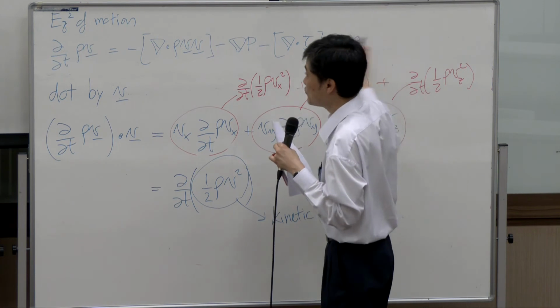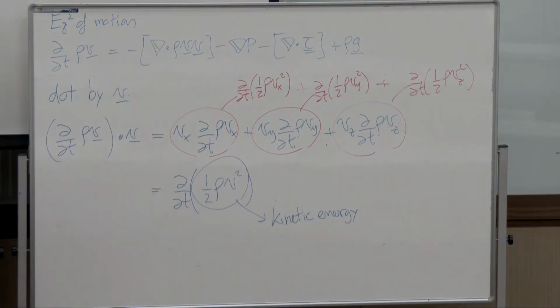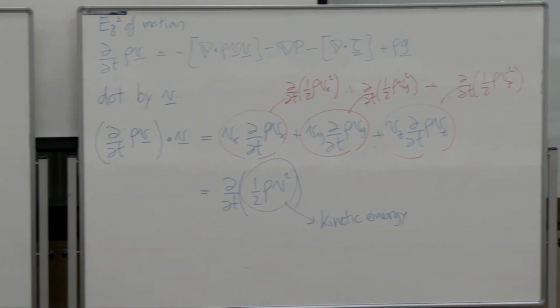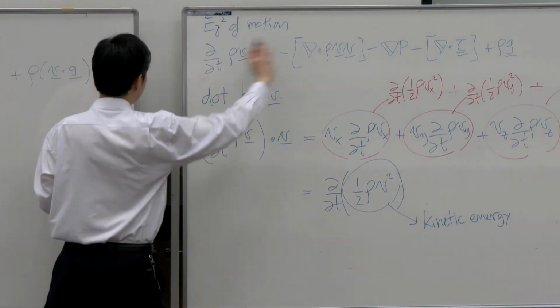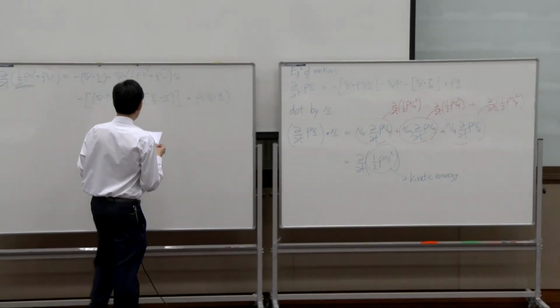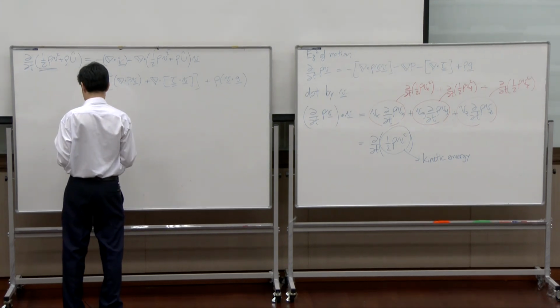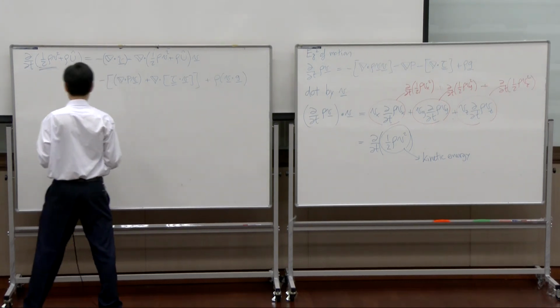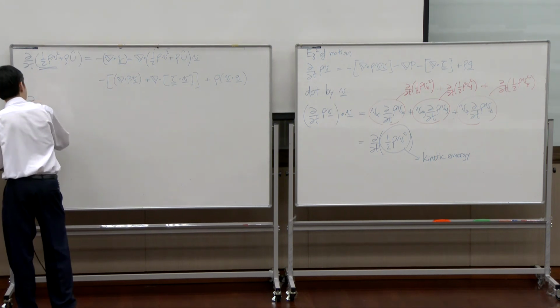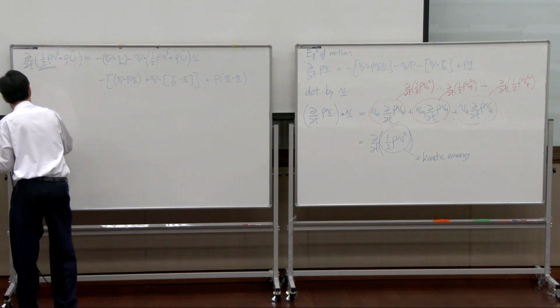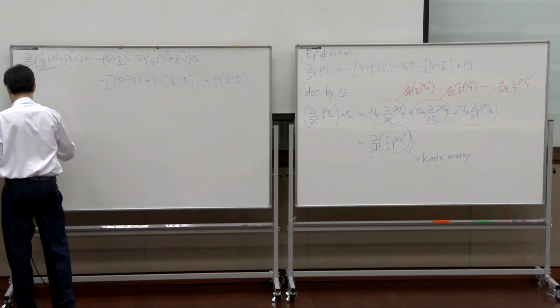Okay? If you do that, I do not want to go into the detail, but the concept is just take V dotted with everything and rearrange mathematically. You will end up with d by dt.